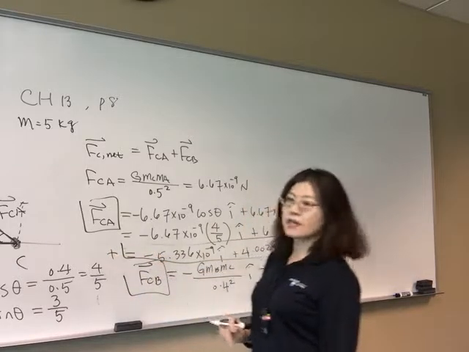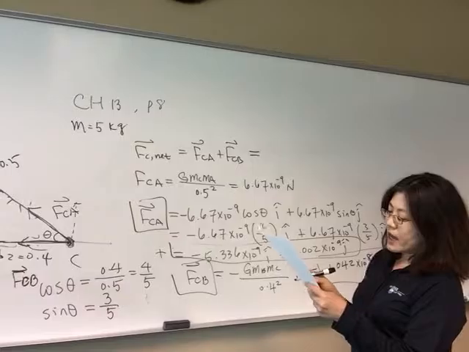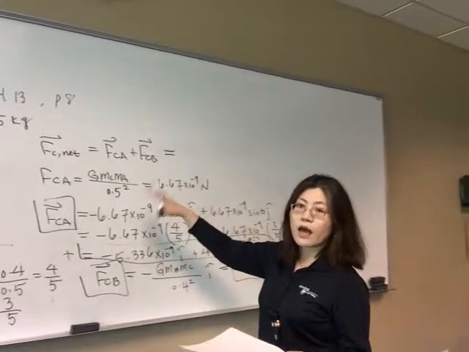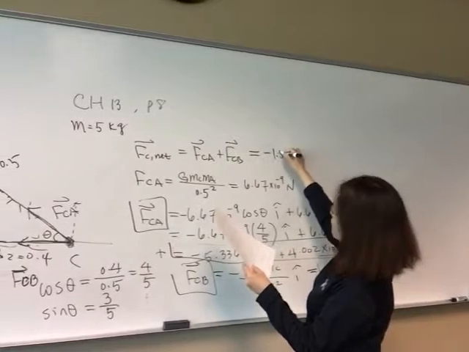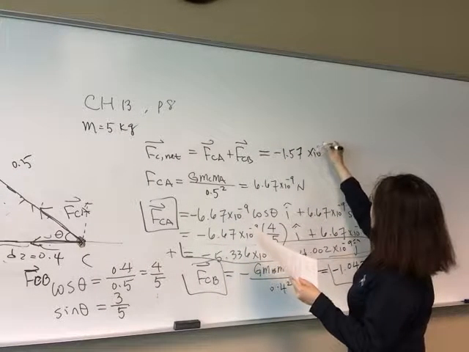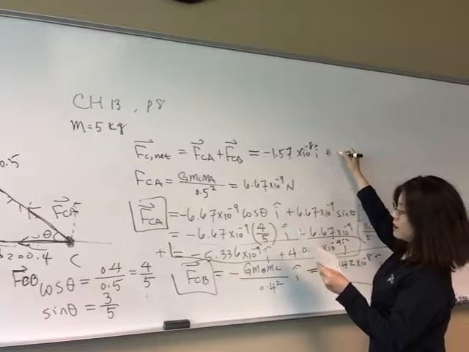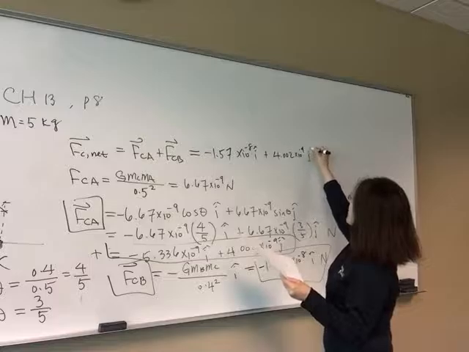So when you add them together, after you add all the x components together, you will get negative 1.57 times 10 to the negative 8th i hat, plus 4.002 times 10 to the negative 9th j hat.